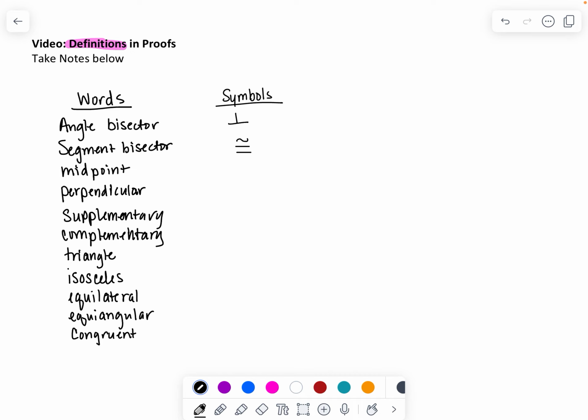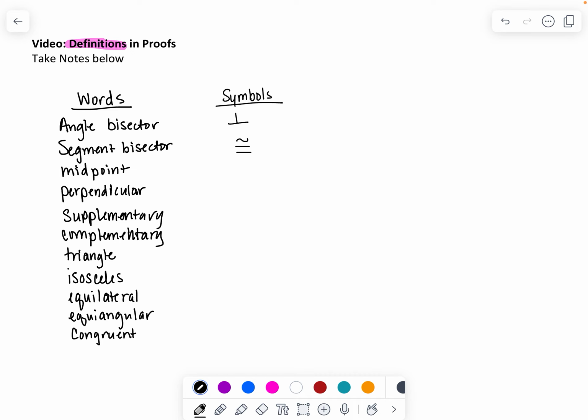But here are some words I've listed out and some symbols that we know what they mean, and we can go ahead and use them to our advantage. So, for instance, angle bisector. If I tell you that something is an angle bisector, we know that it cuts an angle in half. So we know that two angles are now equal, and we're able to write about that in a proof.